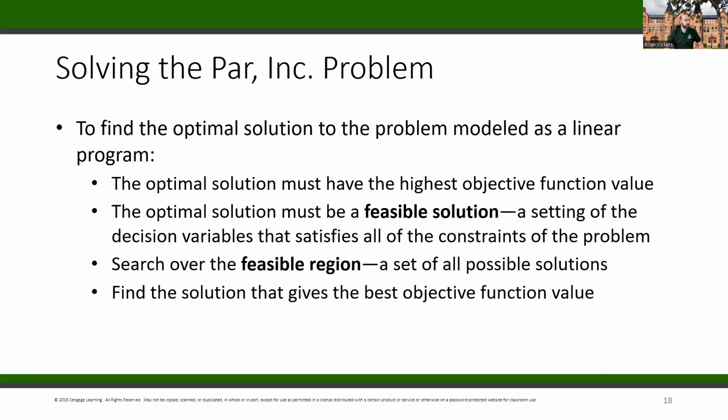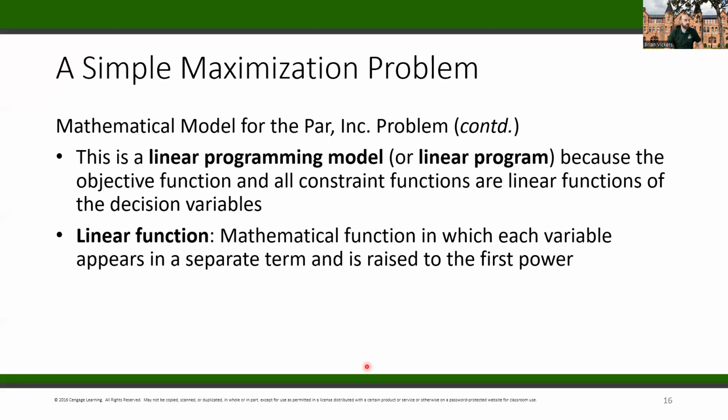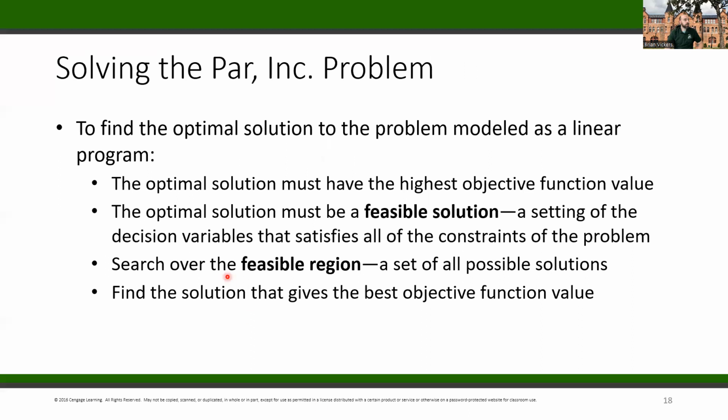Okay, so before we go into the minimization problem, let's talk about optimal solution. The optimal solution will have the highest possible value given all the constraints, but the optimal solution must also be a feasible solution, meaning that it exists within this feasible region of all possible answers.